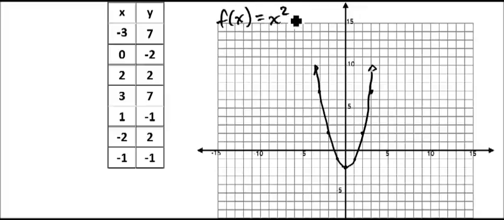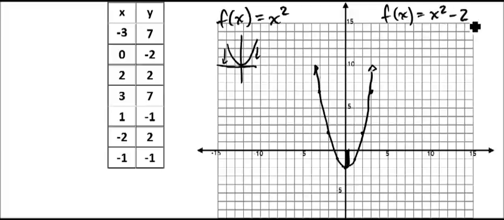And I know when I have that, the parent function sits right there. It has its minimum at the origin, right? So 0, 0. This appears to have been shifted down by 2 units, right? So the entire curve looks like it was moved down 2 units. So I'm betting that the function represented by this data is f of x equals x squared minus 2.